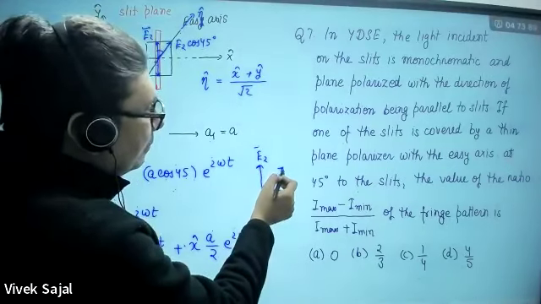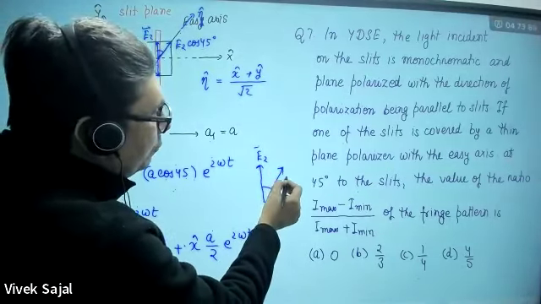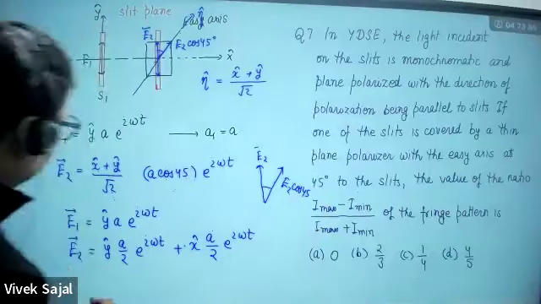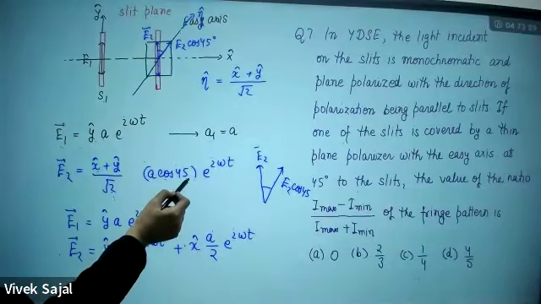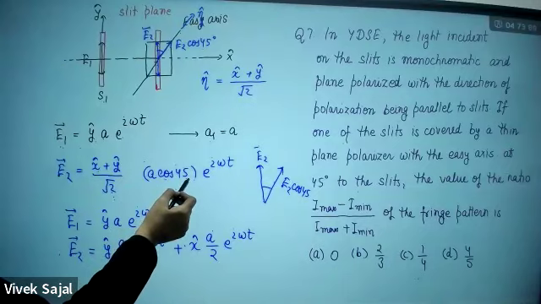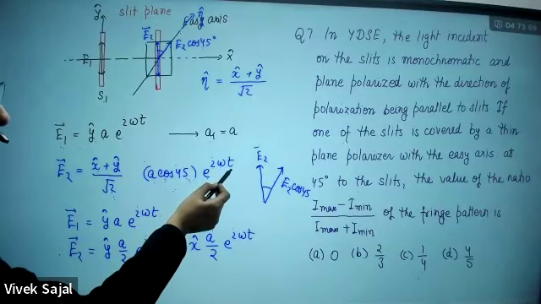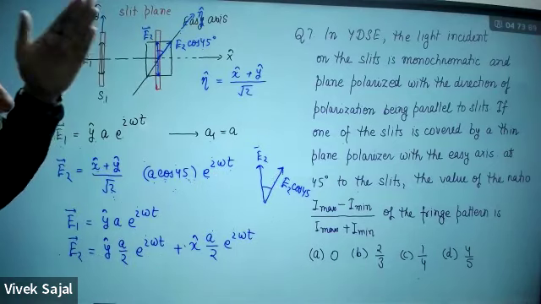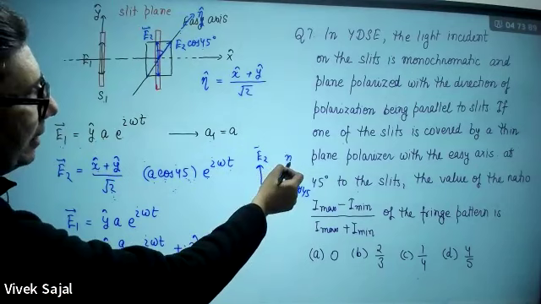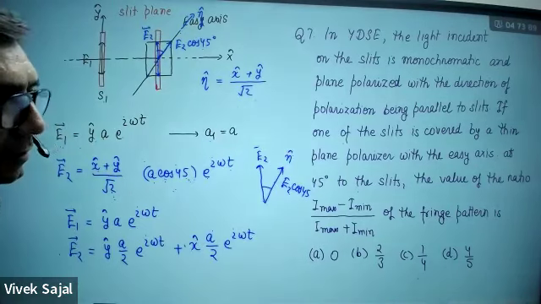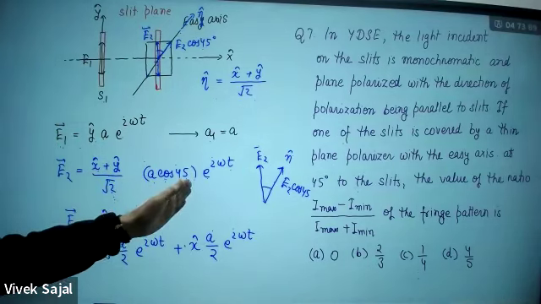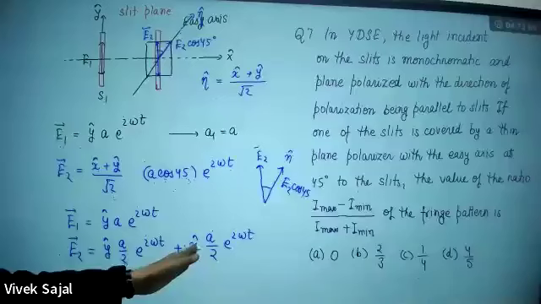So the component of this electric vector in this direction will be E2 cos 45. This is E2 cos 45 I have introduced here, A cos 45 e to the power iota omega t. But the direction of this allowed electric vector is eta cap, n cap. This is the n cap direction. So I write this electric vector in this way. Now I split it into two components, y cap and x cap.